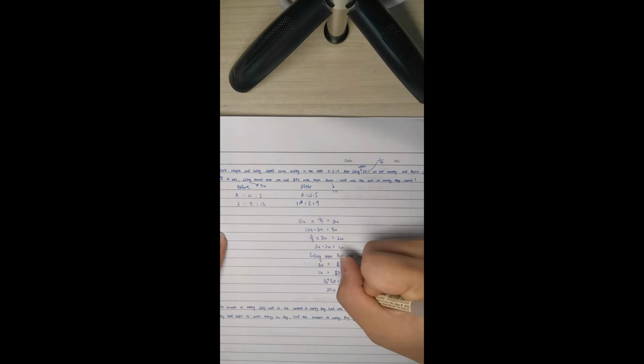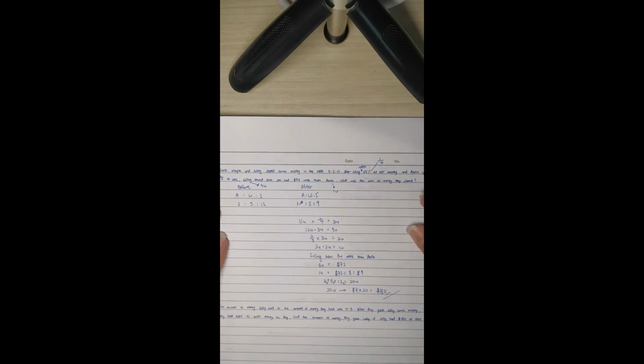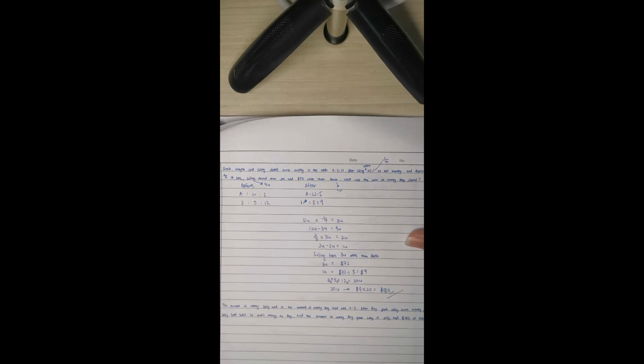So with 20 units, it will come out to $180. So at the start, they had $118 in total, which is the sum of money which they shared. Okay, let's move on. The next and the last question for today.